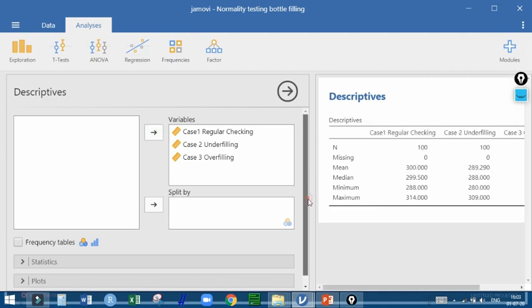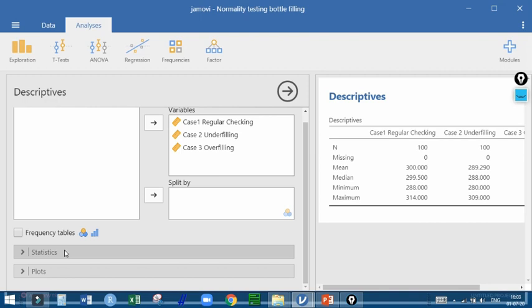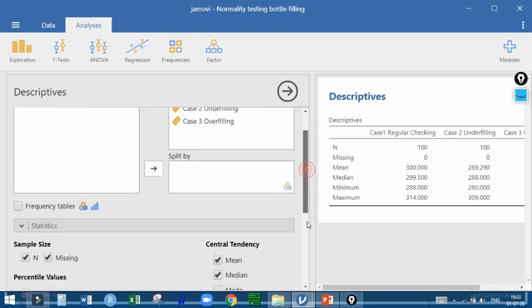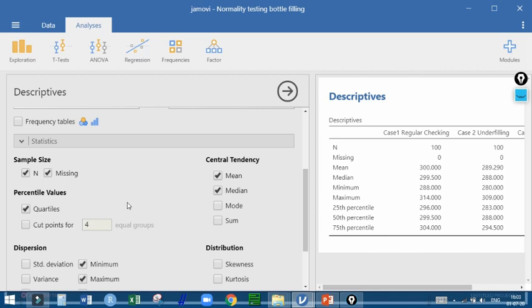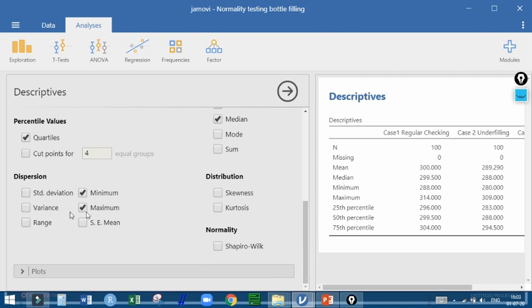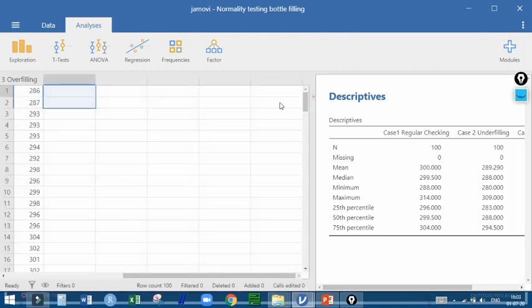We will check descriptive statistics. I will click on statistics, and here check quartiles, which are used for outliers, mean, median, and minimum, maximum.